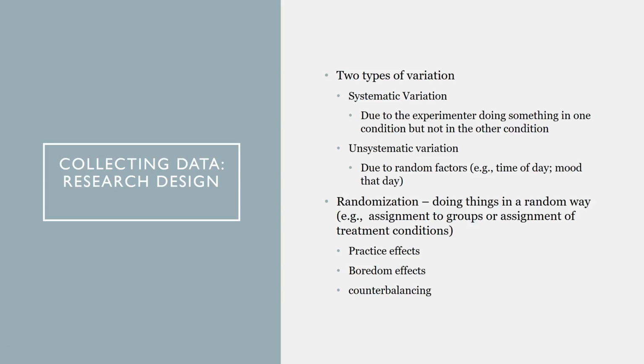And then lastly, randomization. When we are selecting groups, if we choose to do experimental designs, or even if we don't, other designs can use randomization. We want to make sure that we are careful about how we assign subjects or other things to random groups, because we have to account for things like practice effects and boredom effects.